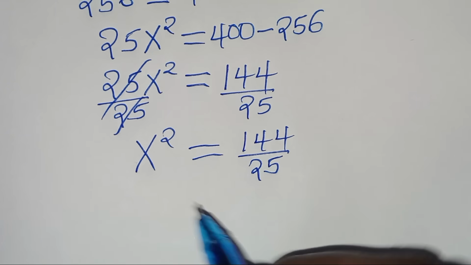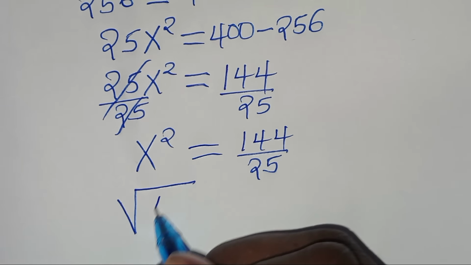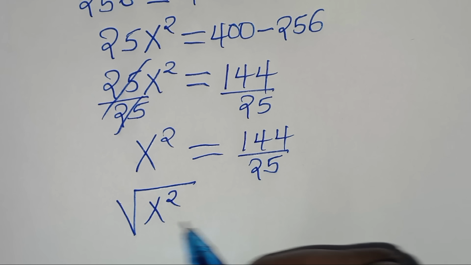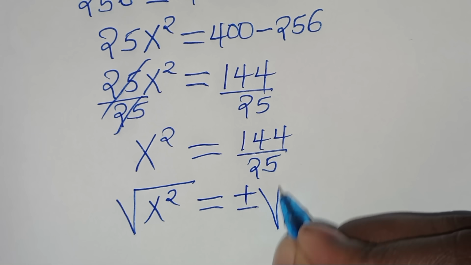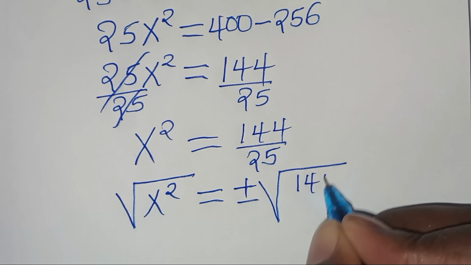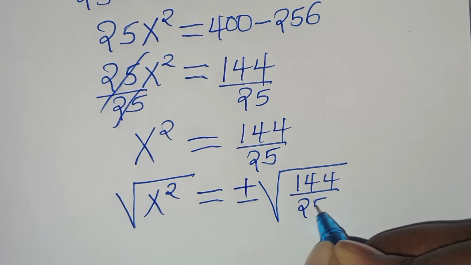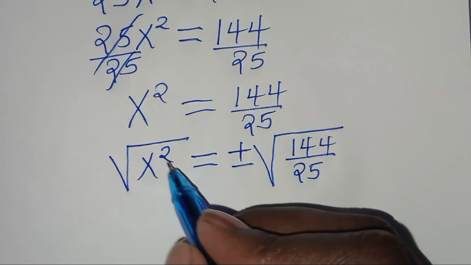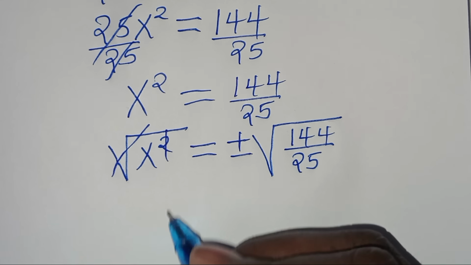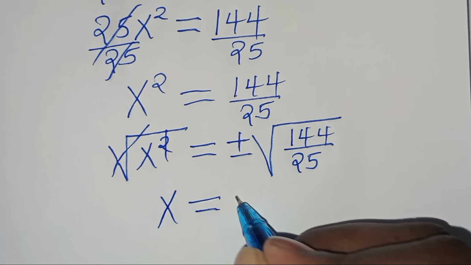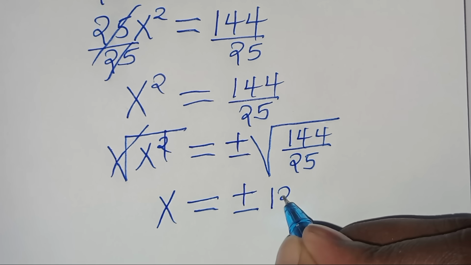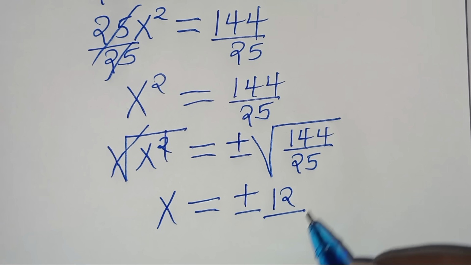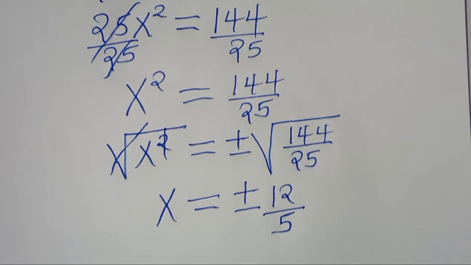To solve for x here, let's introduce a square root on both sides. We have the square root of x squared equal to plus or minus the square root of 144 divided by 25. So let's eliminate the square root sign here. Then we have x equal to plus or minus the square root of 144, which is 12, divided by the square root of 25, which is 5.